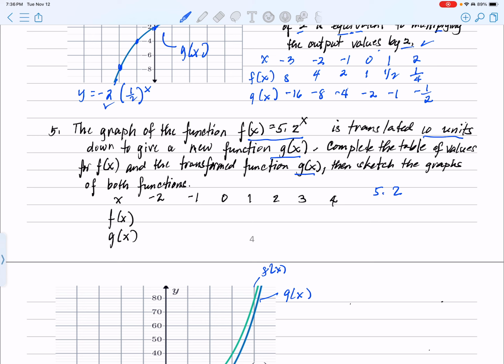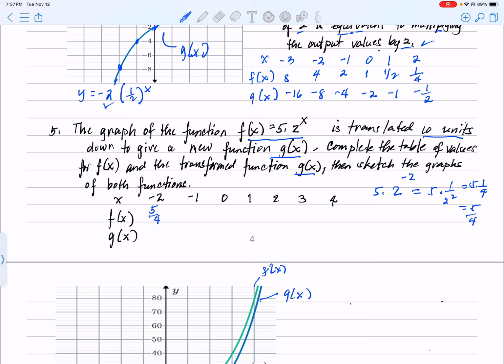When you have a negative exponent, take the reciprocal to make it positive, 2 to the 4th. So 5 times 1/4 equals 5 over 4.